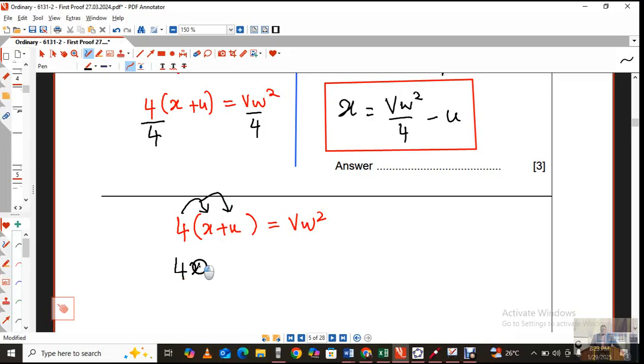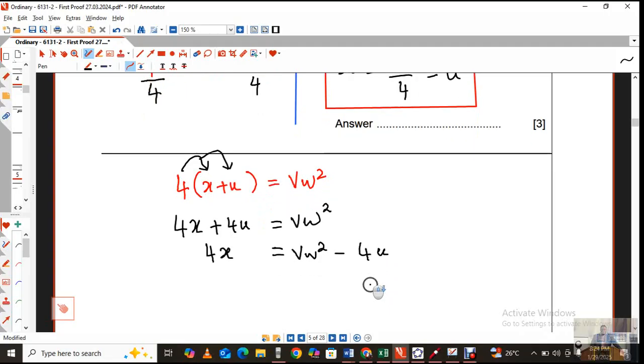That is going to be 4x plus 4u is equal to vw squared. Then 4x will be left alone here. Then vw squared minus 4u.